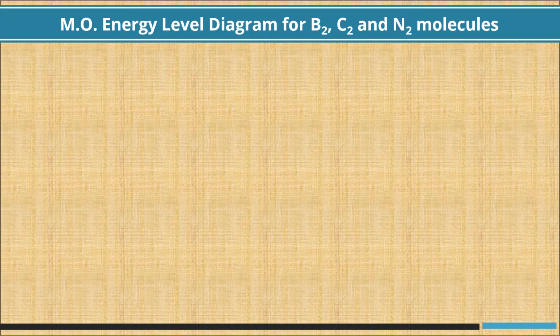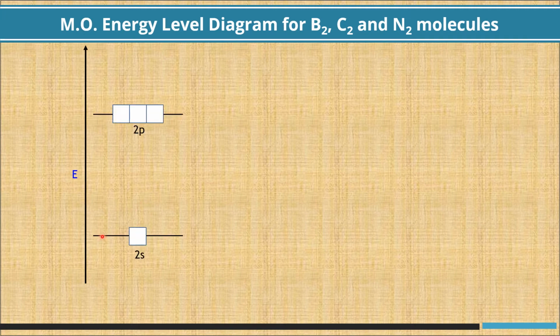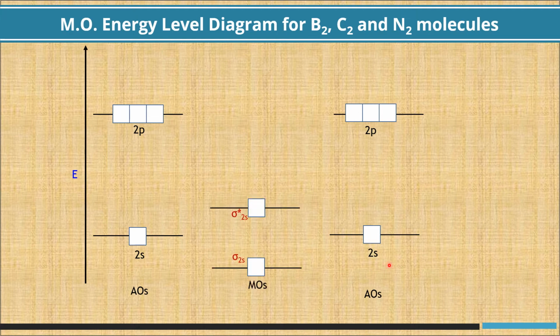Let us consider the molecular orbital energy level diagram for B2, C2 and N2 molecules. This is an energy axis. Let us consider the 2s and 2p atomic orbitals of the first atom, and these are the 2s and 2p orbitals of the second atom. When 2s and 2s combine together, they give rise to two molecular orbitals, that is bonding molecular orbital sigma 2s and antibonding molecular orbital sigma star 2s.